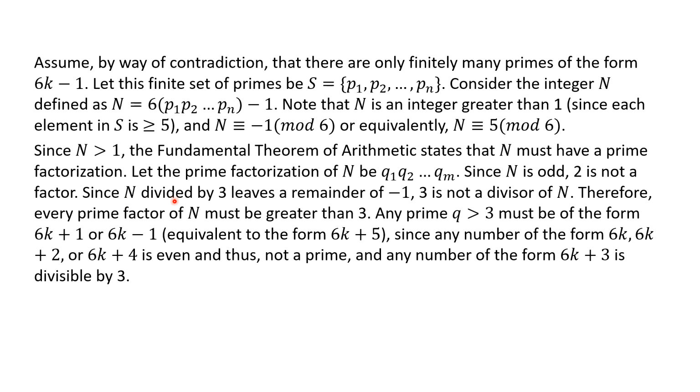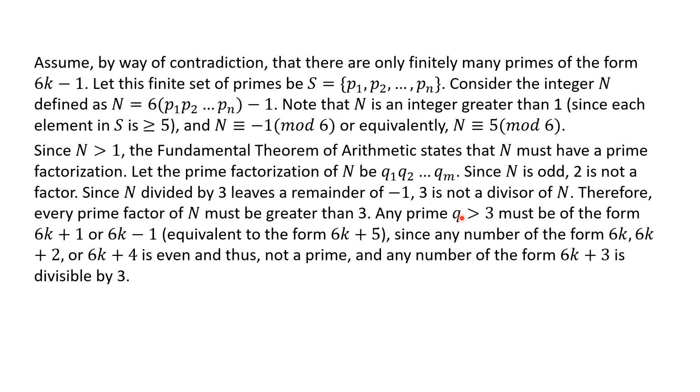Since N divided by 3 leaves a remainder of minus 1, again, looking at this here, if you divide this by 3, then it goes evenly into here, and then you have a remainder of minus 1. So that means 3 is not a divisor of N. Therefore, every prime factor of N must be greater than 3.